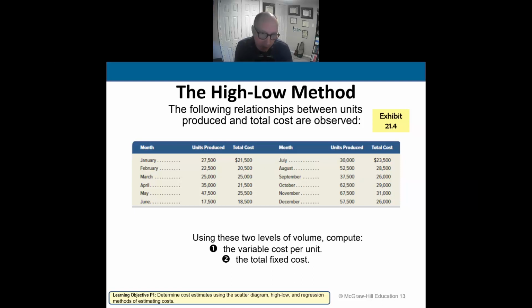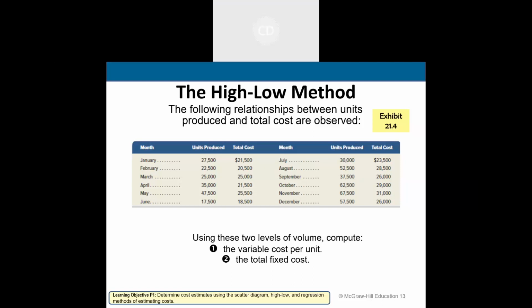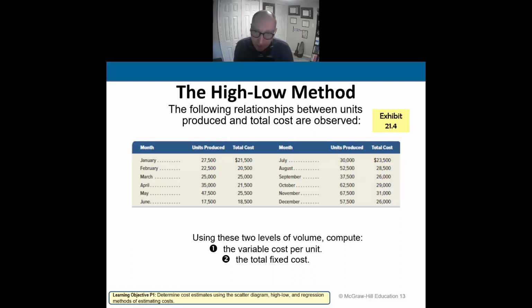Now who can tell me which month had the lowest number of units produced? June? June, that's correct. So June was the lowest number of units produced, 17,500, and I had a cost in June of 18,500.